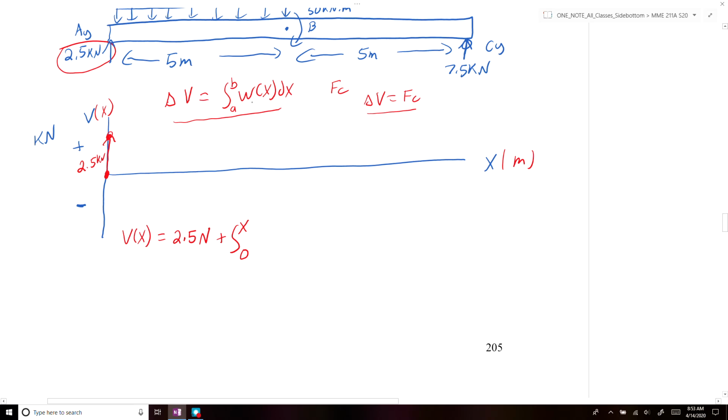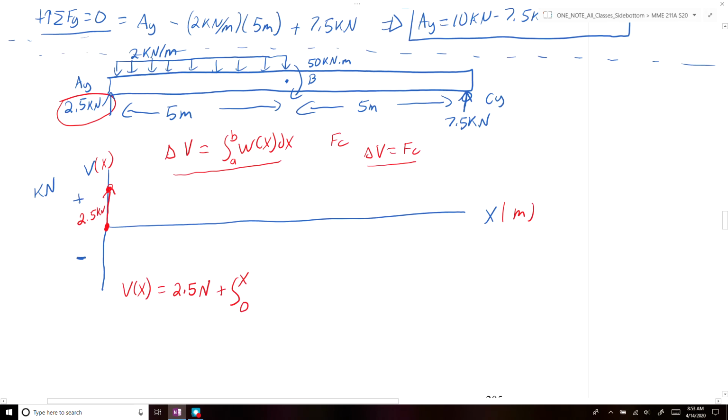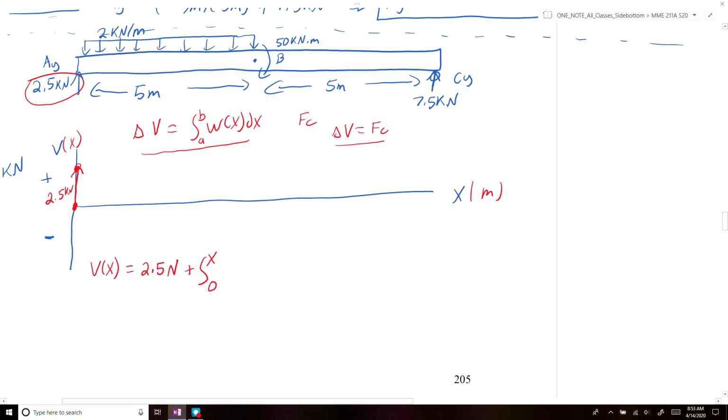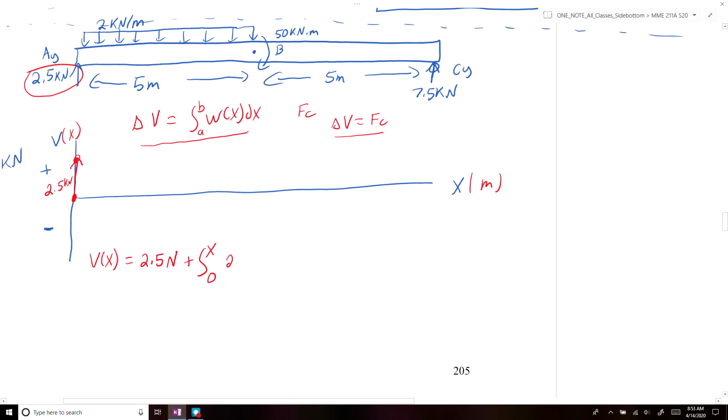Inside the integral is our distributed load, W of x, which is equal to 2 kilonewtons per meter, so it's just a constant, and then we have dx.